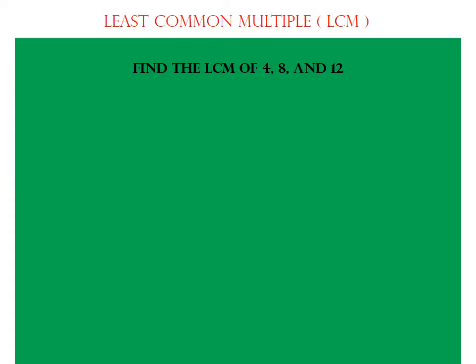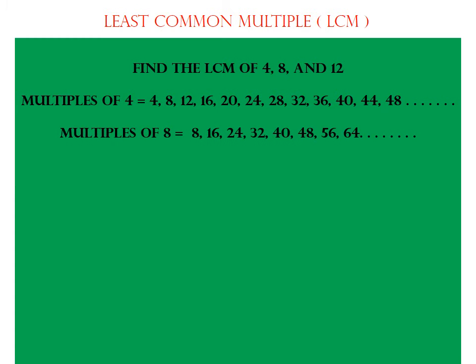As usual, we have to write the multiples of all the three numbers. First, the multiples of 4: 4, 8, 12, 16, 20, 24, etc. And then the multiples of 8: 8, 16, 24, 32, 40, 48, etc. And multiples of 12 are 12, 24, 36, 48, etc.